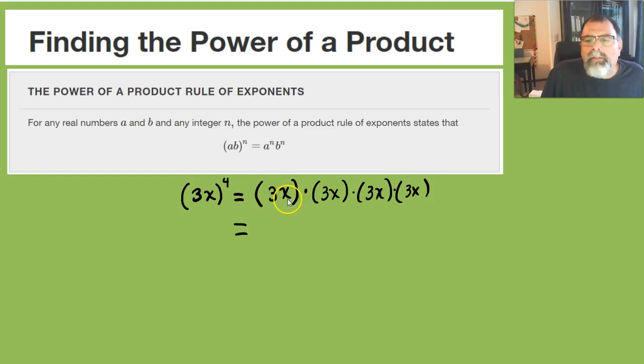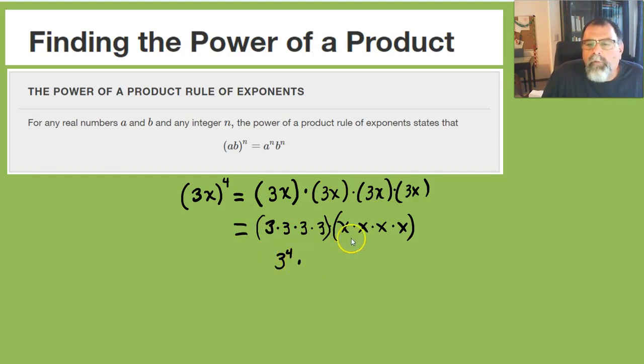Again, multiplication is commutative and associative, so I can basically remove the groups since it's all multiplication, and then rearrange the order. Put all the 3's together, put all the x's together, and then group it that way. So that's using the commutative and associative properties of multiplication. And then 4 factors of 3, that's 3 to the 4th. And 4 factors of x, that's x to the 4th.